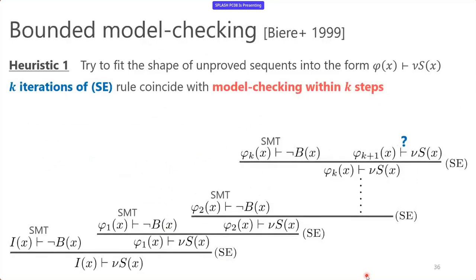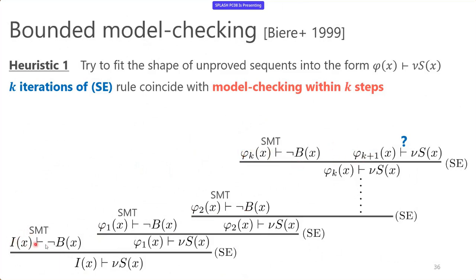Okay, and we next explain the famous bounded model checking algorithm, which is k repeated iterations of the SE rule. Starting from the goal, we obtain these sub-goals by symbolic execution from state I: phi 1, phi 2, phi k, and phi k plus 1.